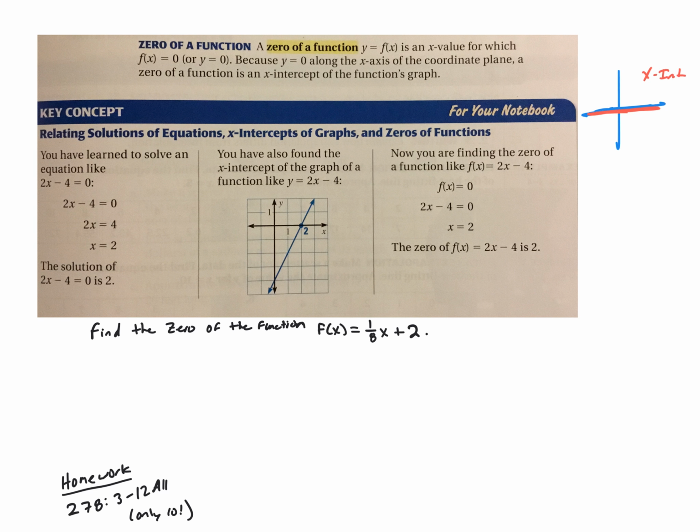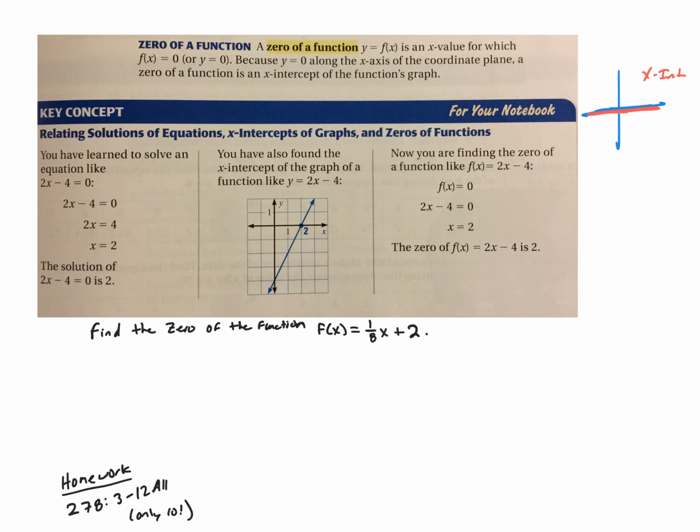Okay, we've already found x-intercepts before, or we've also been able to solve equations like this, right? 2x minus 4 is equal to 0. We can solve that. Add the 4 across, divide by 2, we get x equals 2. We can find the x-intercept of something like this, y equals 2x minus 4. Oh look, that crosses right there at 2 on the x-axis, so the x-intercept is 2.